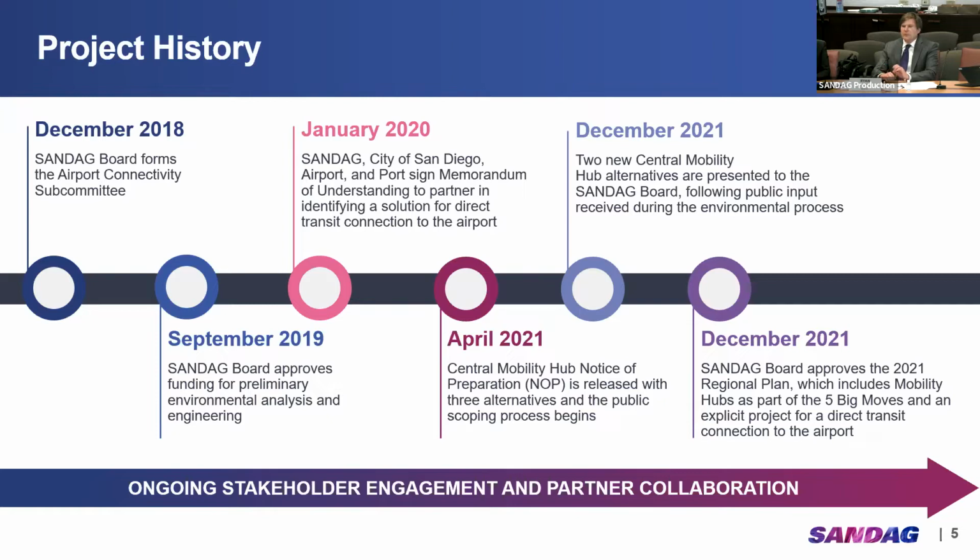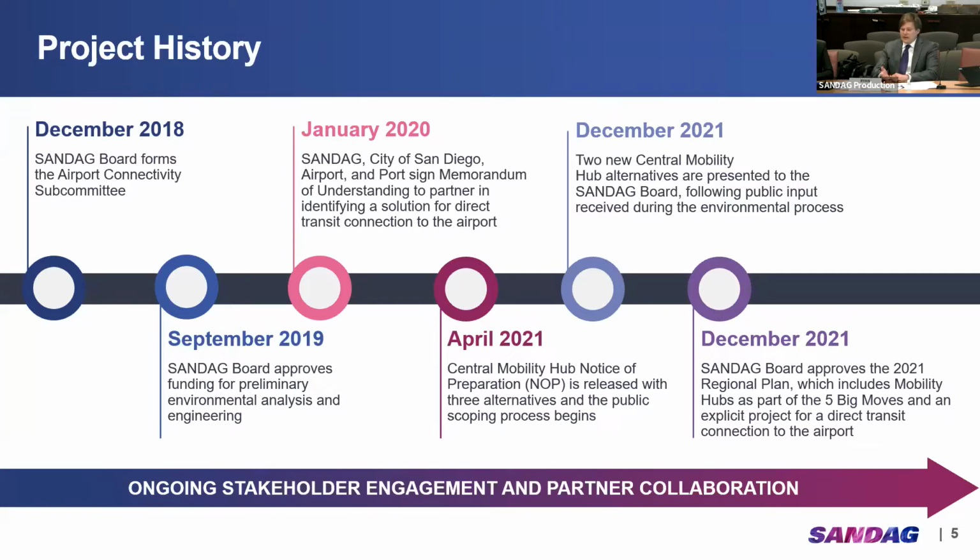The first was that the Port of San Diego wrote a letter to SANDAG and asked us to consider the potential use of port property for a transit connection. And the second was that we received a lot of comment from the public and stakeholders that we should be looking to make that central mobility hub investment and any transit connection serve the downtown urban core of San Diego.